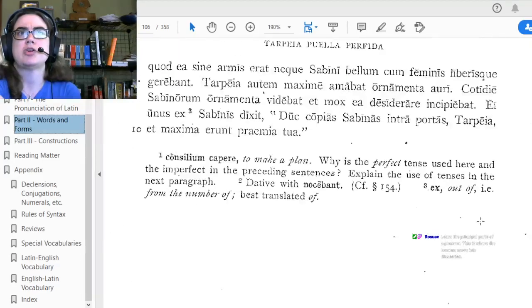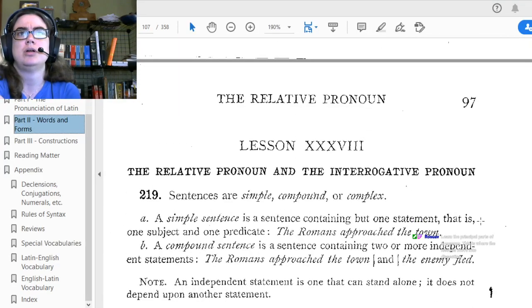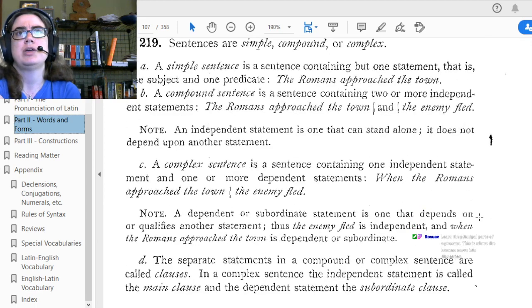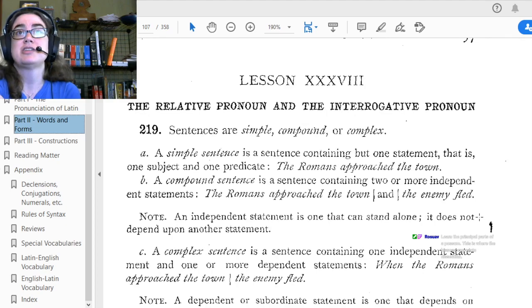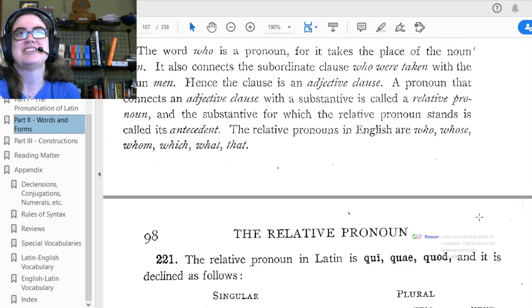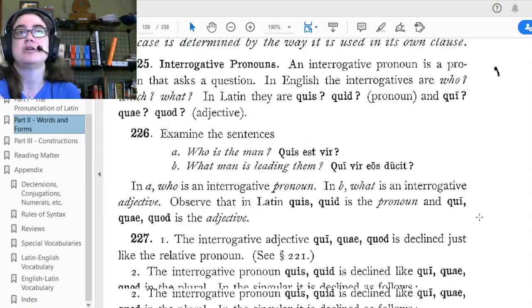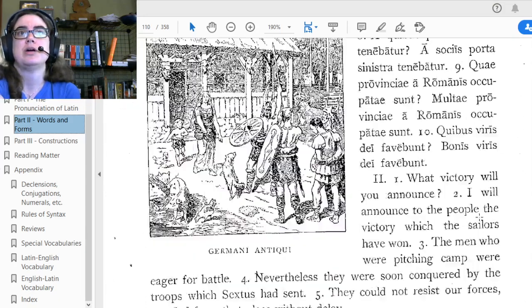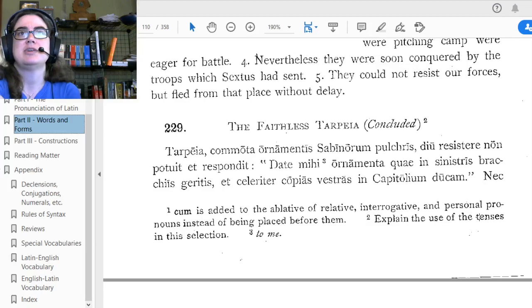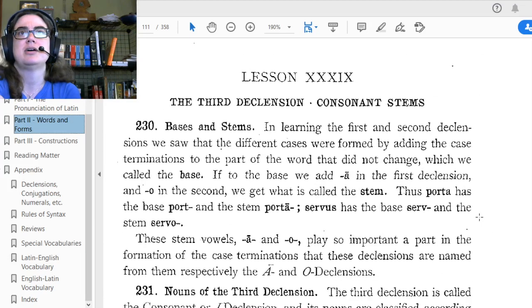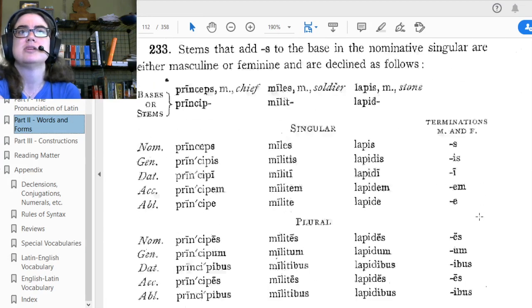Oh, we get to learn about Tarpeia. That's cool. And then we get a break from some verbs, which is good. And we get to learn relative pronouns and interrogative pronouns, which I don't know if that's actually an improvement, but it's not verbs for a while. So that's nice. And we get to finish the story about Tarpeia. Oh, and more nouns.